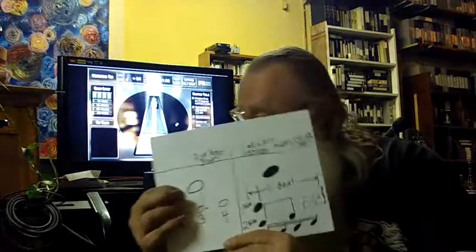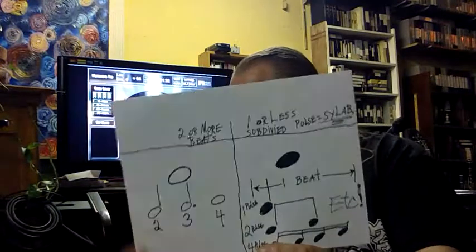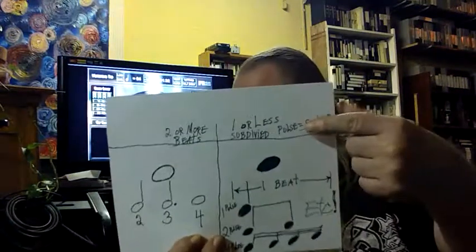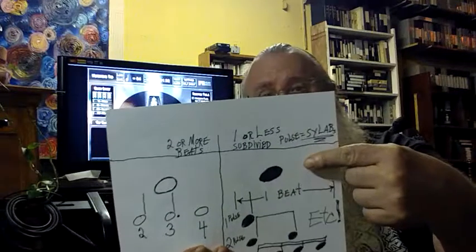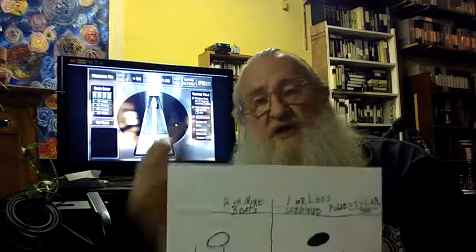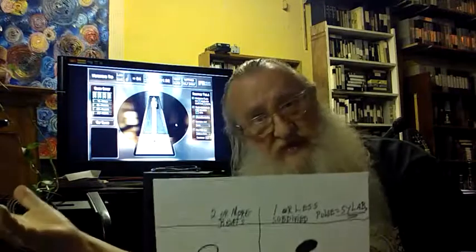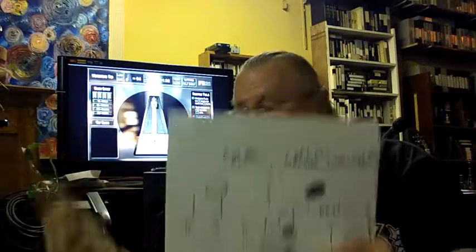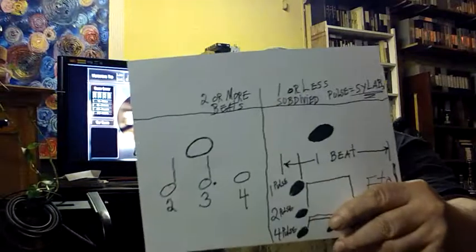Well, this is that lesson I promised to give you on code words. The first thing I would like to talk about is there are basically two kinds of notes. There are the notes that are hollow, and there are notes that are solid. The hollow notes represent rhythms that are two or more beats: 2, 3, 4, etc. And I have them written out here.